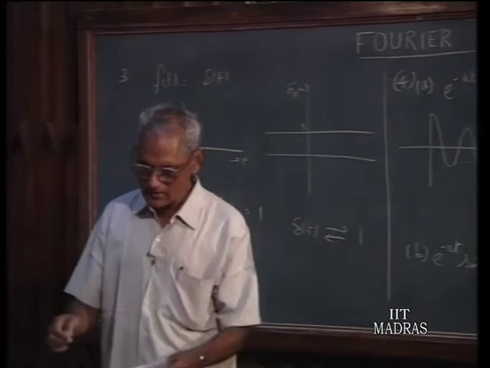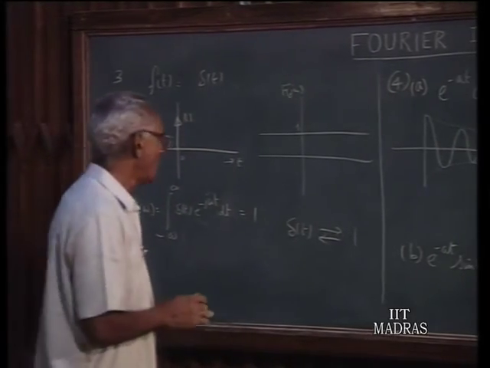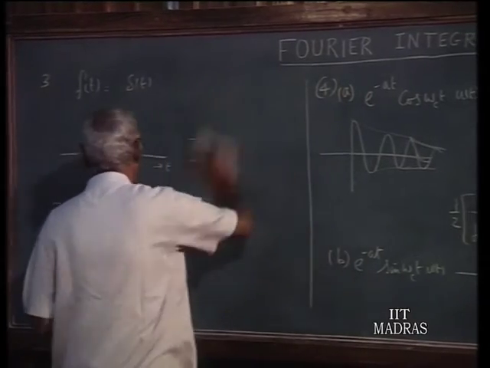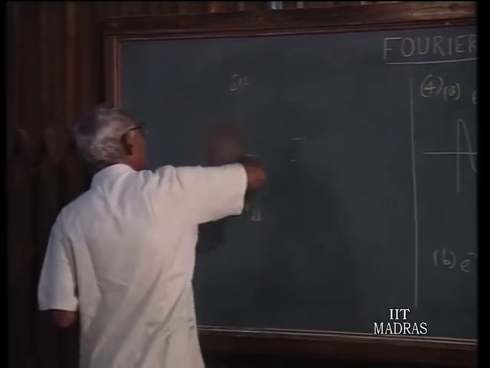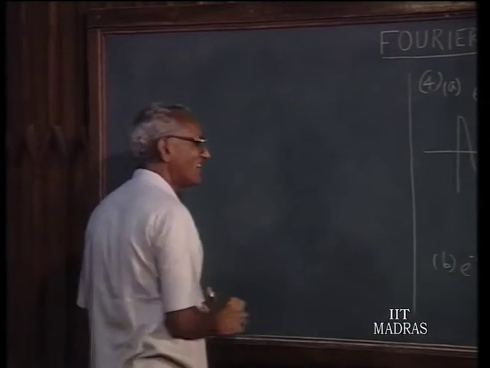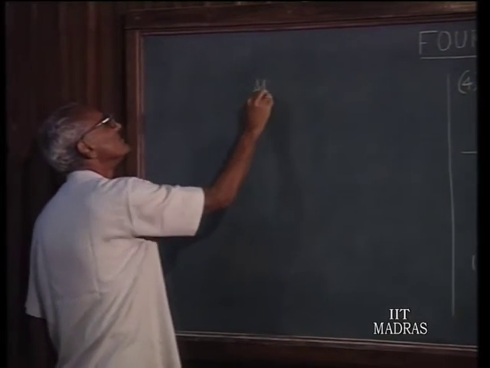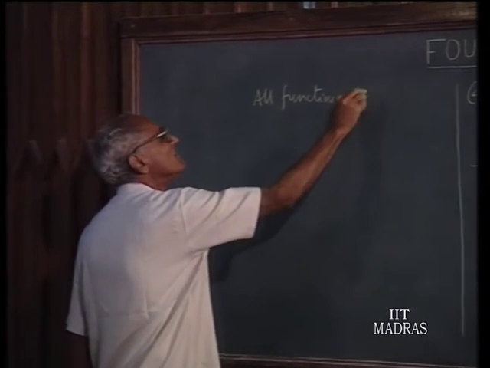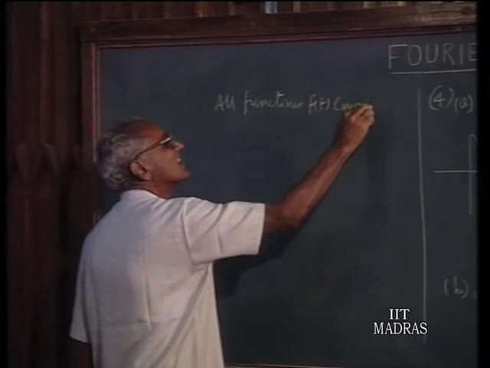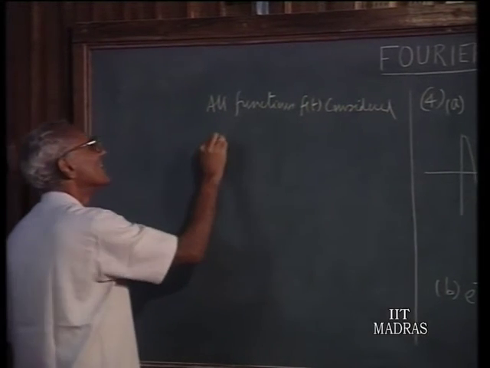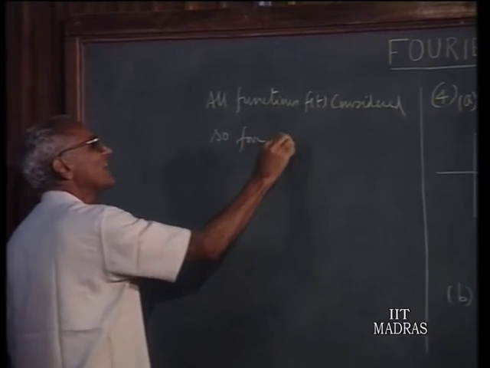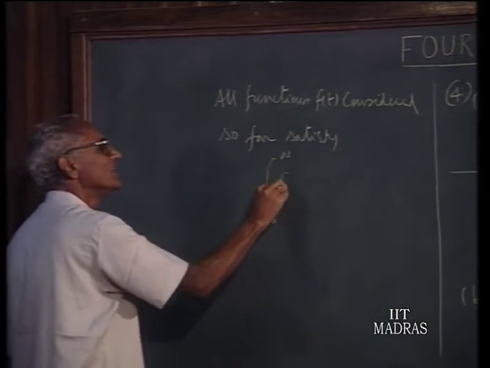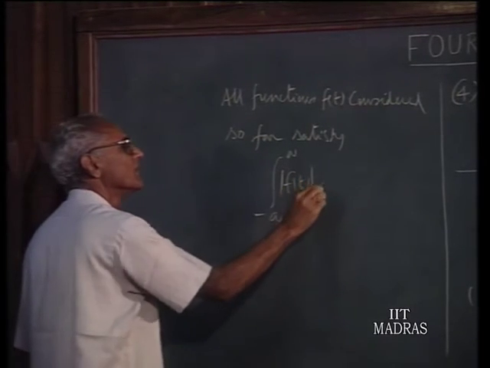Now, all the functions that we have taken so far are nice well behaved functions which have the property that all functions considered so far satisfy the relation that the integral from minus infinity to plus infinity of the magnitude of f of t dt converges.